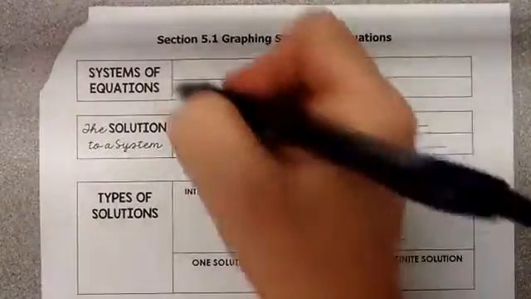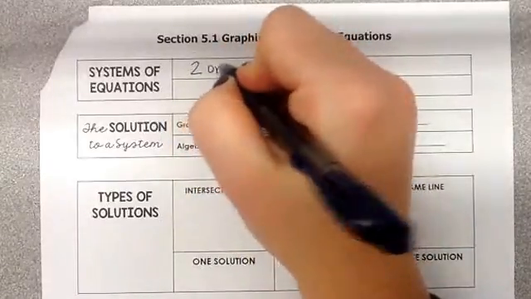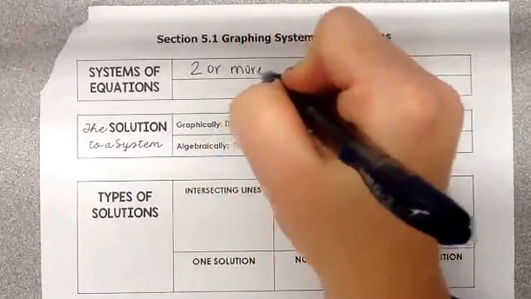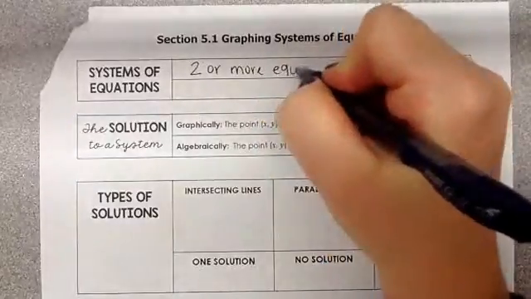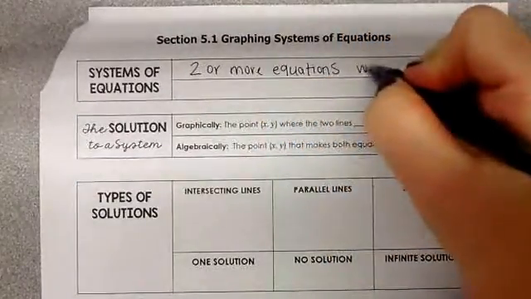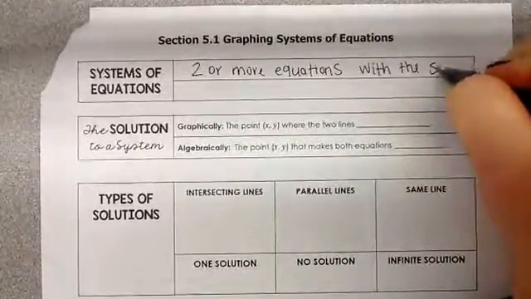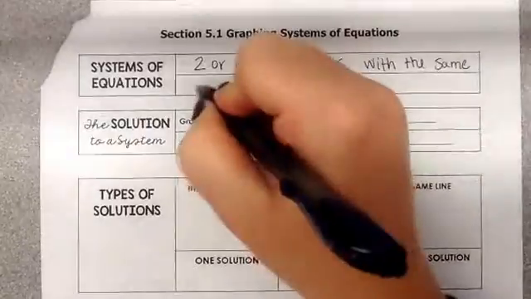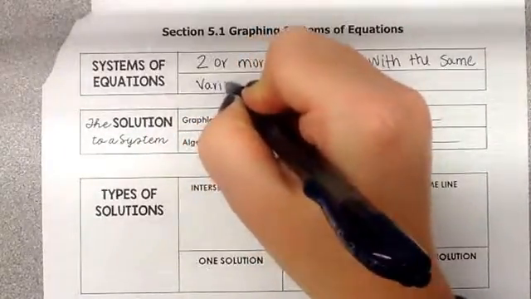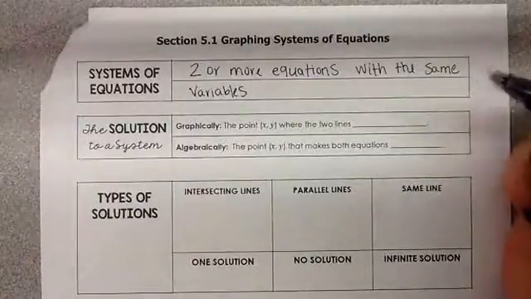Systems of equations are two or more equations with the same variables.